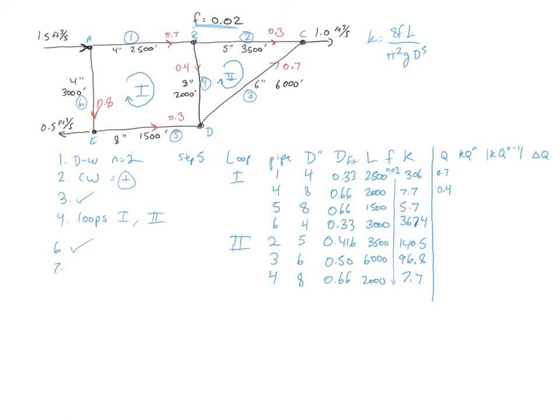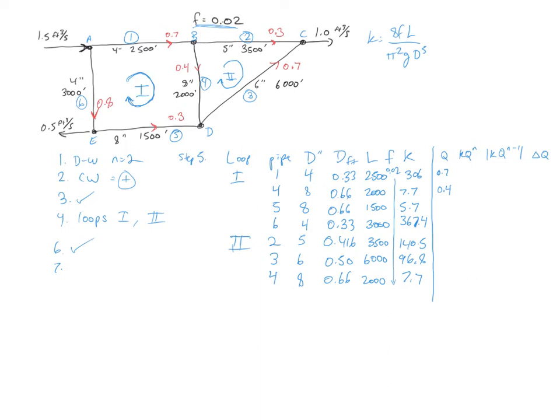You can see the assumed flow in pipe 1 is going in the direction that I assumed was positive in loop 1. In pipe 4, where I assume 0.4 CFS is going down, that's also going in the same direction that my loop for loop 1 is going.